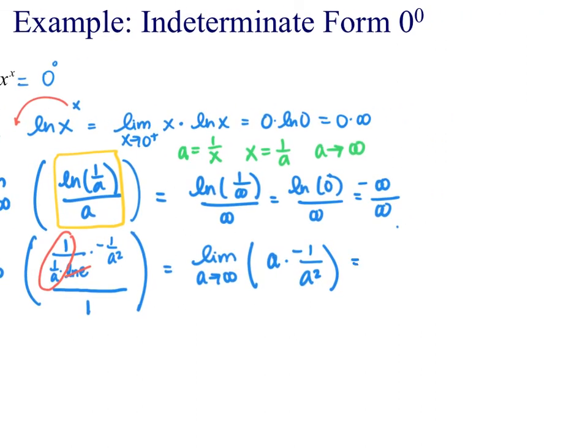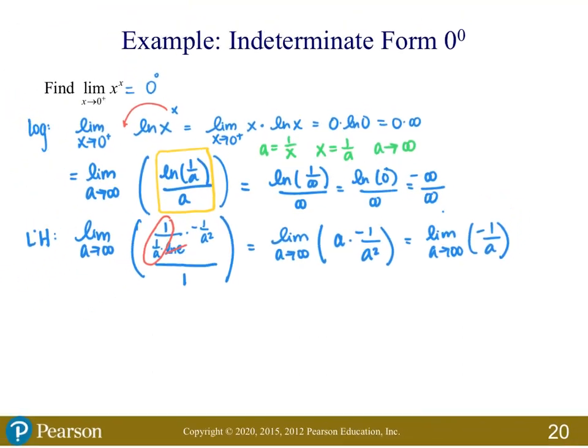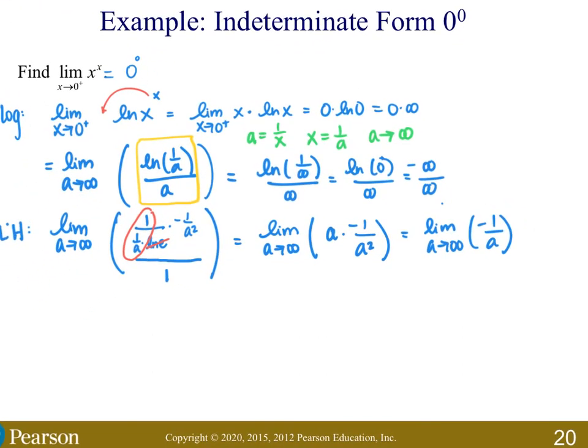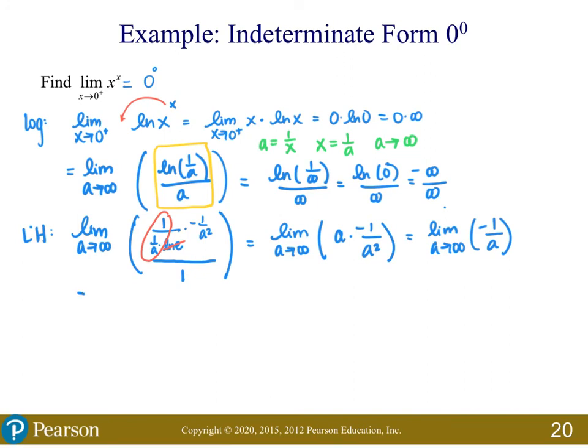So I'm looking at the limit as a approaches infinity of negative 1 over a as I reduce it. So I can plug infinity directly into that. That will give me negative 1 over infinity, which will give me 0.